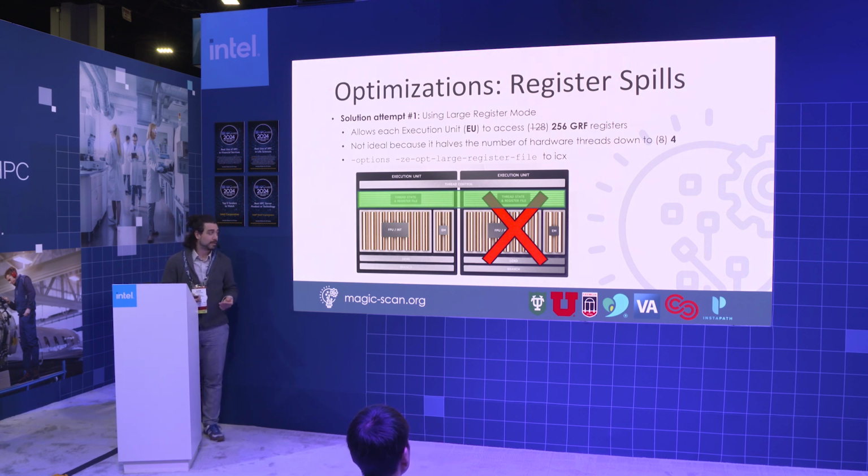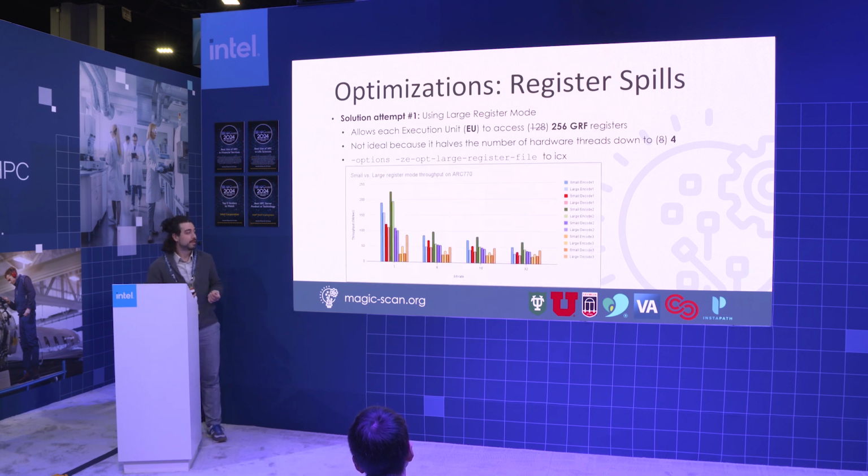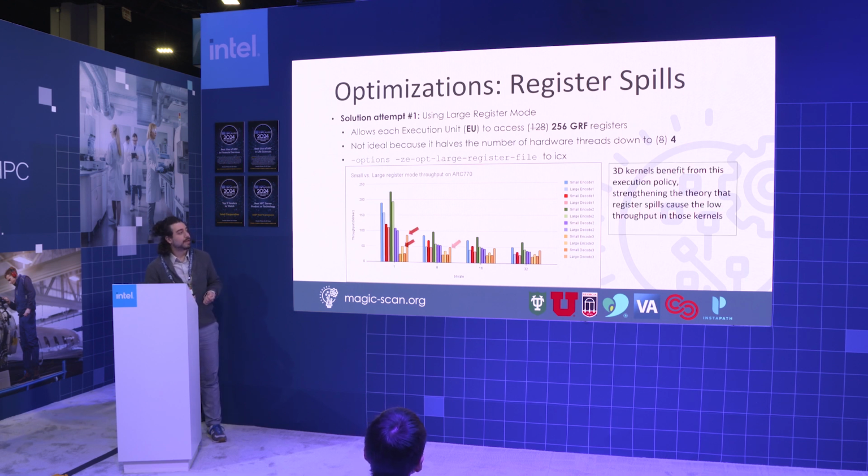Not ideal, but it works if you're dealing with some sort of register spillage issue. This gave us some speed up especially on three-dimensional kernels. But that being said, it wasn't up there for us yet.